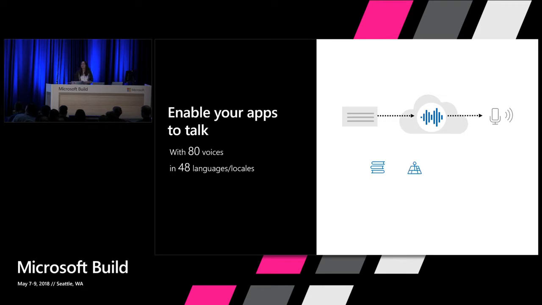Many of you are already using the text-to-speech service. With our API, you can easily convert your text into audio and enable your application to talk. We have seen many people using this service for various scenarios, from call centers to audiobook creation, and of course, recently, many people are using it for chatbots.